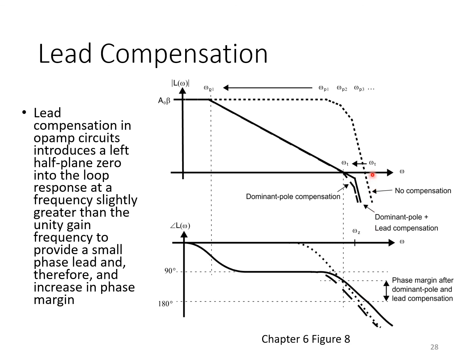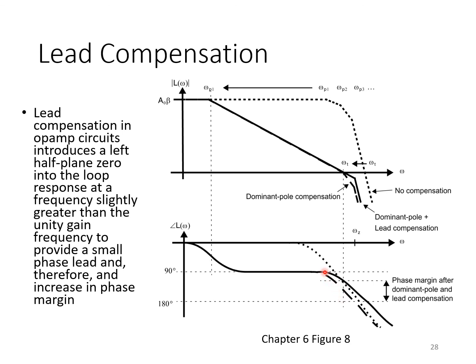So the first step with a response like this would be to apply dominant pole compensation and move omega P1 way over to the left, and you may do so targeting the omega T that's required to ensure some targeted phase margin. And let's say you initially target a phase margin of, let's say, 45 degrees.